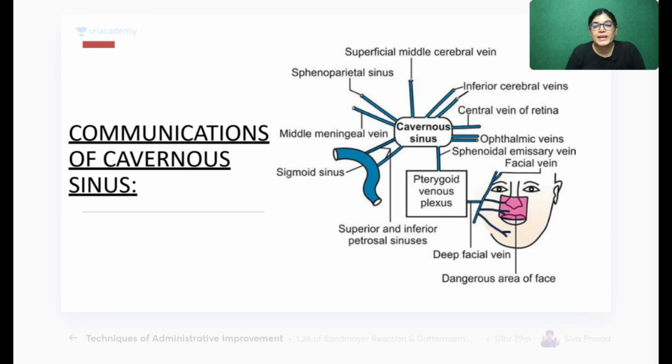Then the communication is via emissary vein, pterygoid venous plexus, facial vein. Infection from the danger face area will communicate with pterygoid venous plexus and cavernous sinus. All these you can clearly see forming the routes of communication and the tributaries.